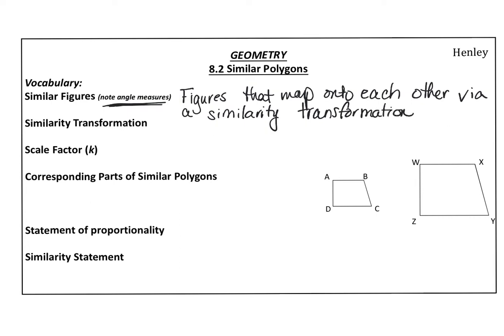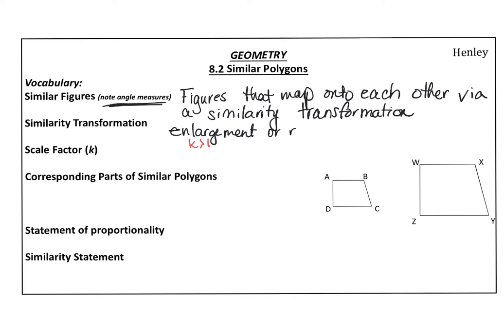Now, when we learned dilations, we learned about enlargements, and the enlargement happens when the scale factor, or K, is greater than 1. Anytime you multiply numbers by a factor of greater than 1, it's going to get bigger.